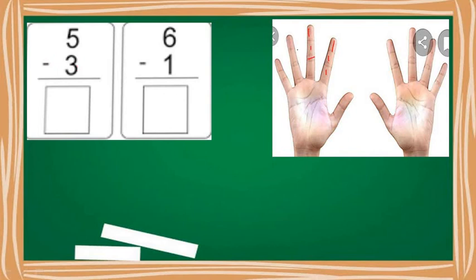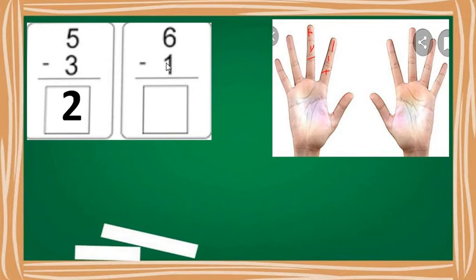So we have to cross out 3 out of this 5. 1, 2 and 3. Now see how many fingertips are remaining. Have you observed dear? How many fingertips are remaining? 1 and 2. So we can say that 5 minus 3 is equal to 2.